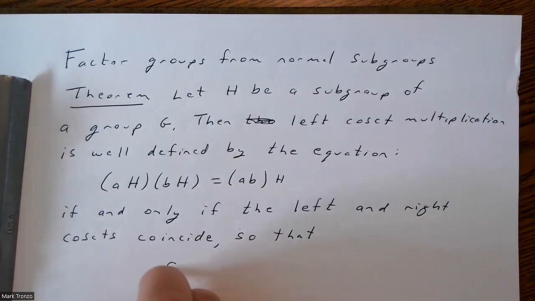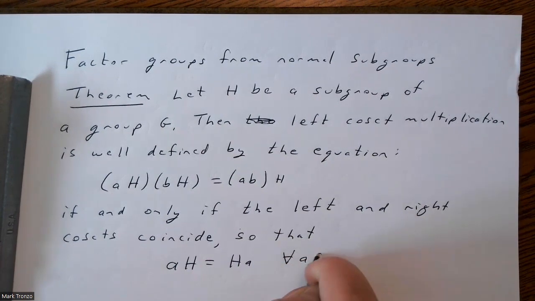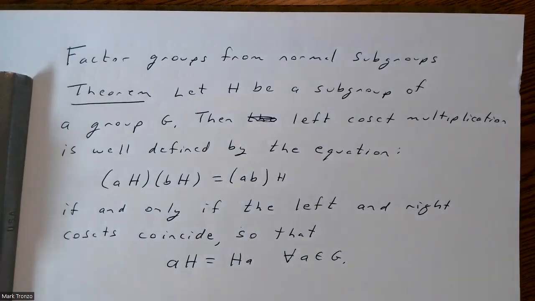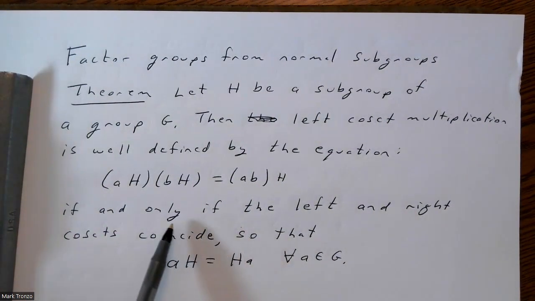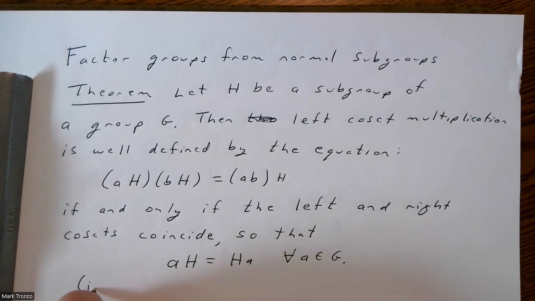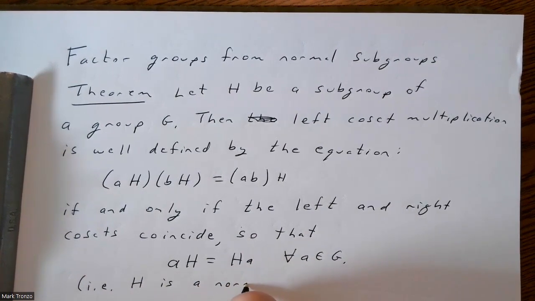So that AH equals HA for all A in G. So in other words, this equation is going to be true if and only if the left and right cosets coincide, in other words, that they're equal, which again means, i.e., this is a normal subgroup.